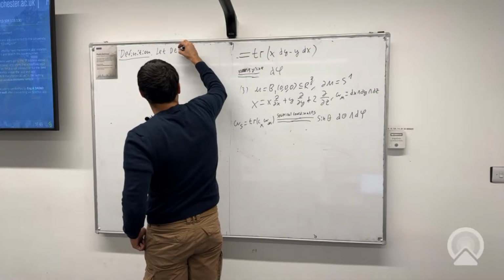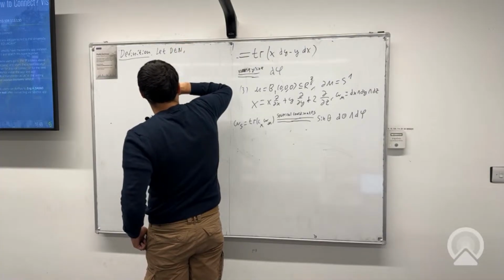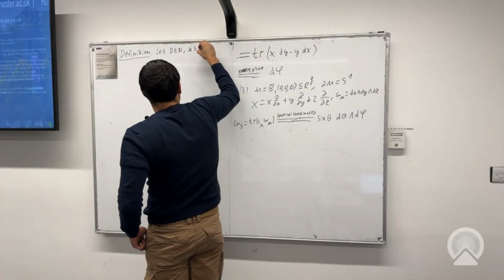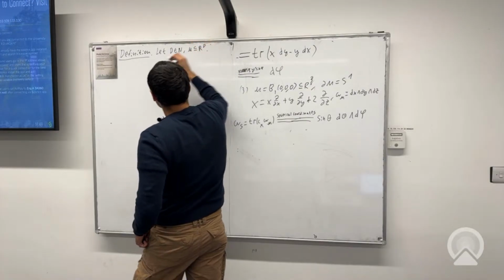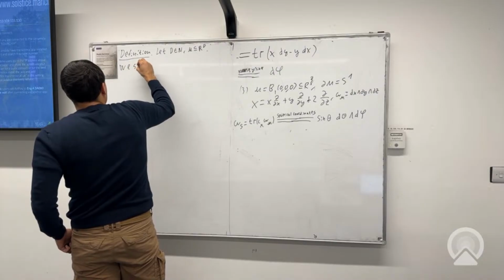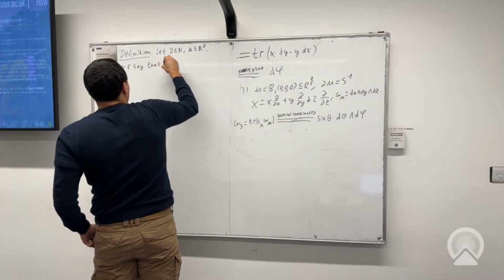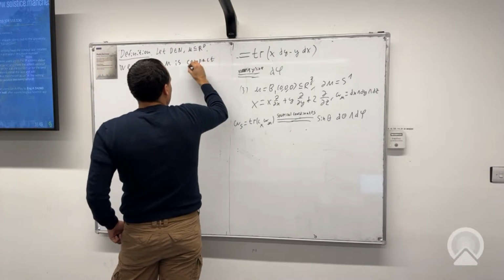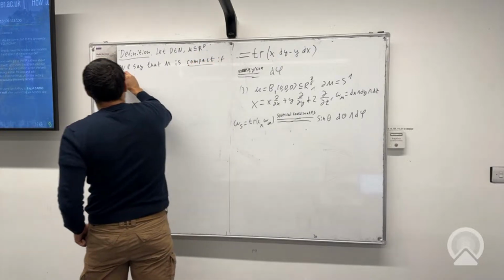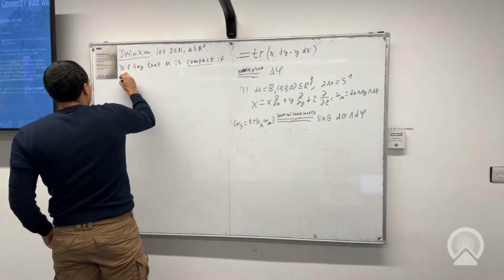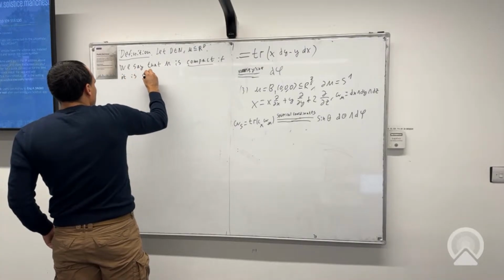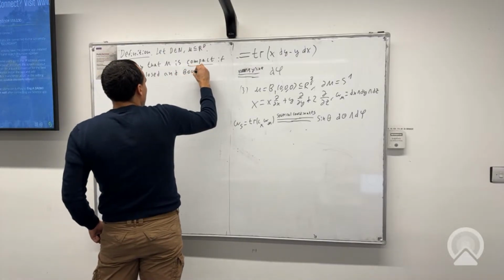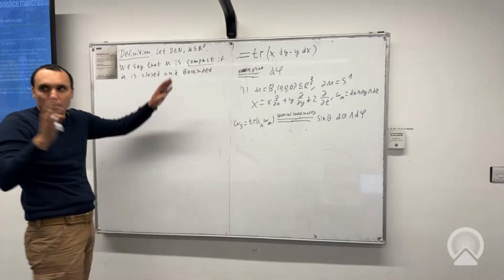Let D be an integer, and M a subset of R^D. We say that M is compact if it is closed and bounded. Bounded meaning it doesn't go to infinity.